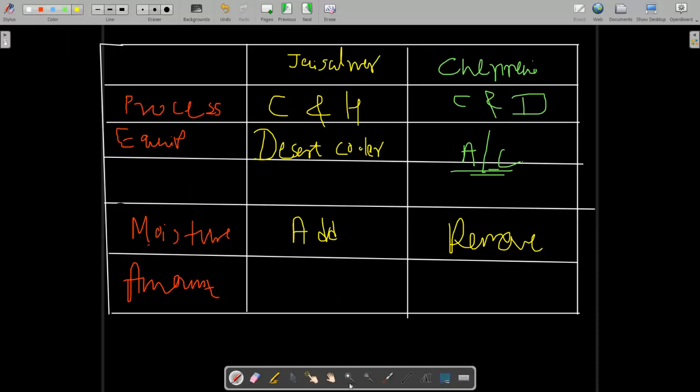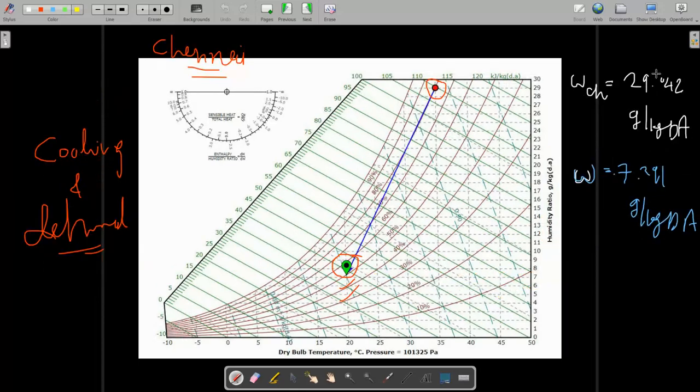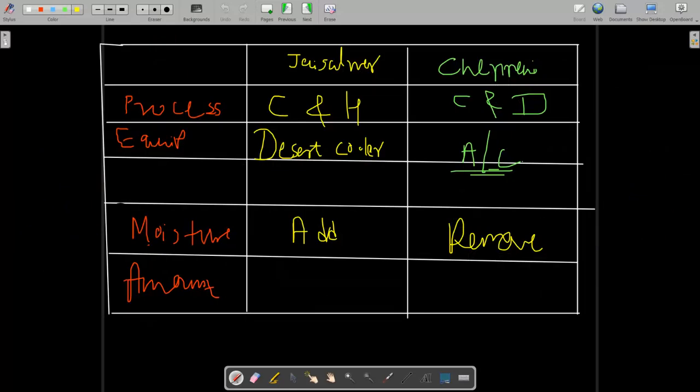In Jaisalmer, we have to take the difference of these two values, 7.291 minus 5.969. So it is 1.322 gram per kg of dry air. That much amount of moisture is to be added.